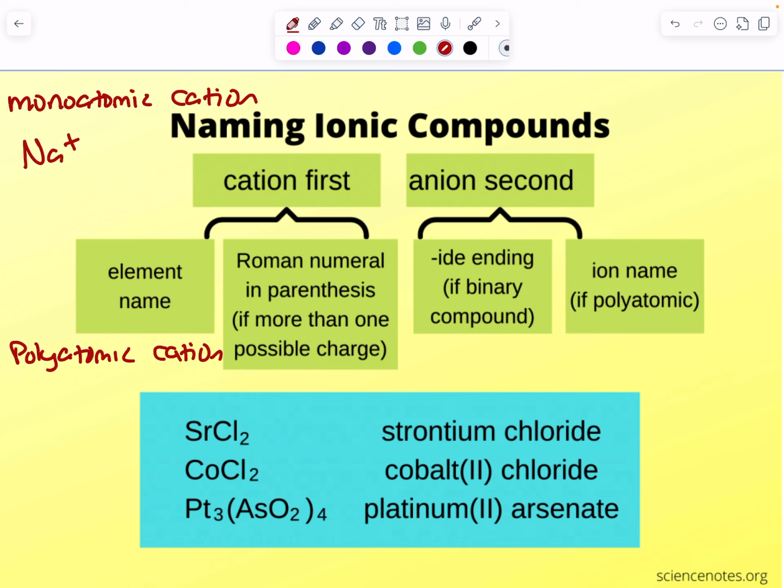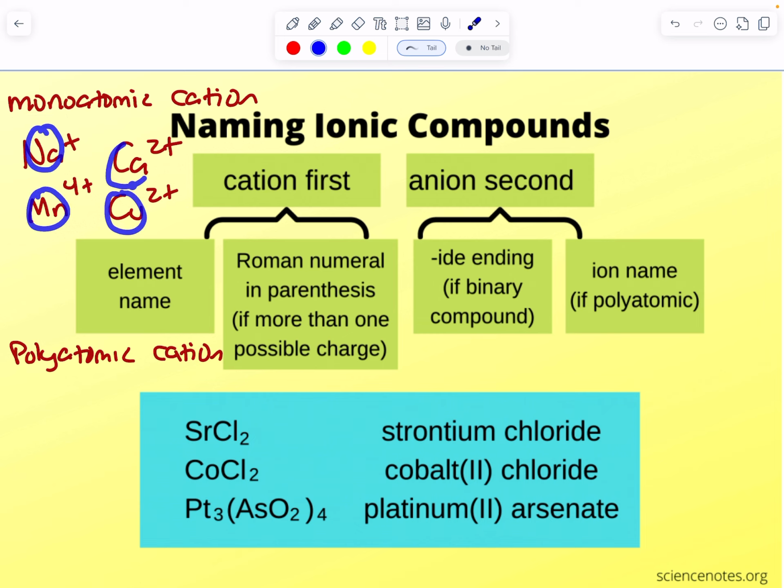Here's a singular atom with a positive charge. So these are all what we call monoatomic cations because they are one single element and they are positively charged, so they are cations.